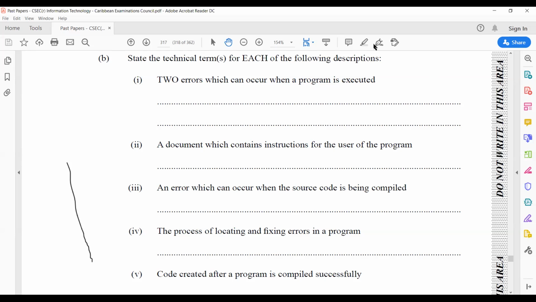Not a syntax error, because remember, the program will not reach the stage of being executed if there's a syntax error present.